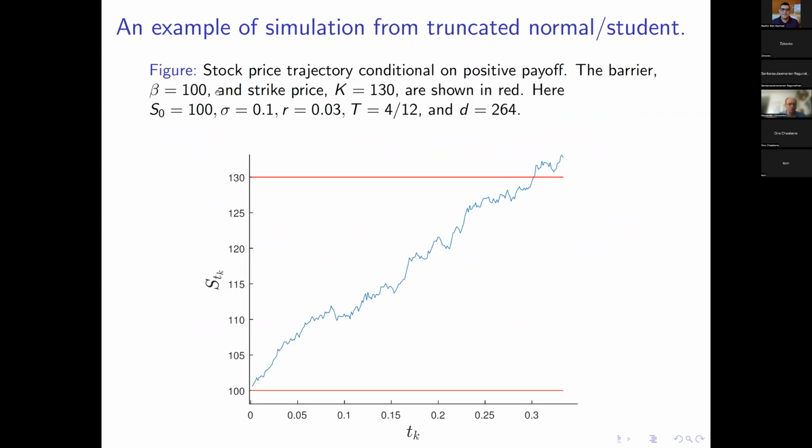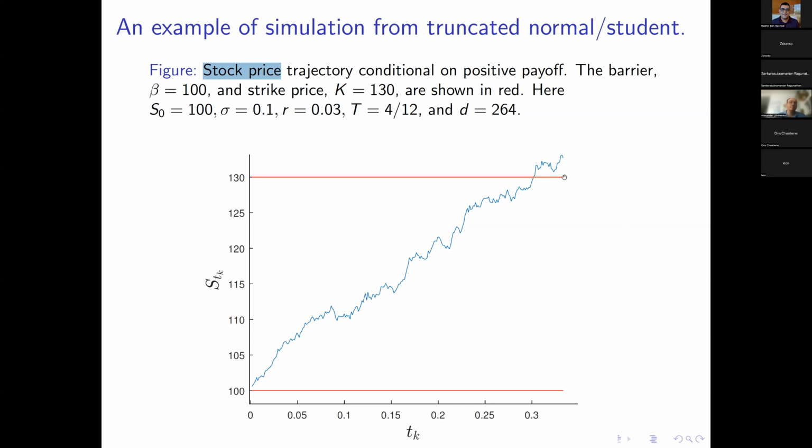So in any case, another example is if you want to simulate the stock price trajectory of a barrier option which is exercised. With these barrier options, it will only be worth something if, for example, the stock price goes above a certain level, or maybe goes below a certain level and also above a certain level. Depending on the magnitude of these levels, this could be a rare event.